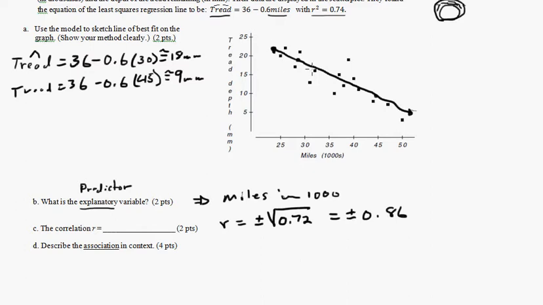Well, the slope is negative. So it would be negative 0.86. So remember that r tells us the strength and the direction. Most people only remember the strength, so be careful.